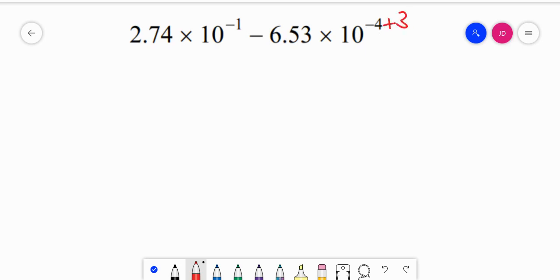I can't just add 3. I have to move it over 3 spots. 1, 2, 3. Boom. So that means it gives me 2 empty spots, right? And remember, I'm subtracting. So I'm subtracting 0.00653 times 10 to the negative first. My 2 empty spots are here.